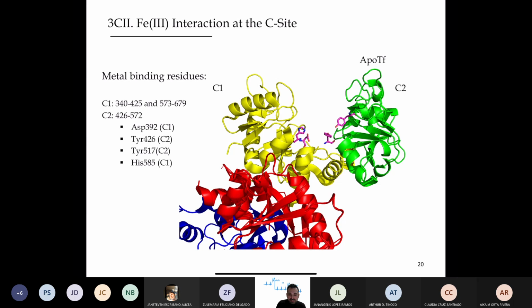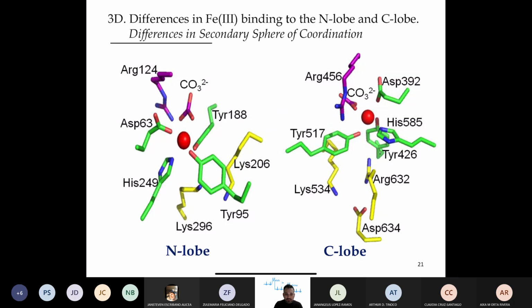Here's a representation of the C site, where you have the corresponding amino acids on the two sides of this domain. When the iron comes in, you have a closure. And now, in addition to the coordination by the protein amino acids, you also have the presence of the synergistic anion in both of these sites.